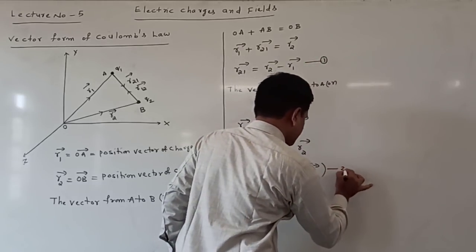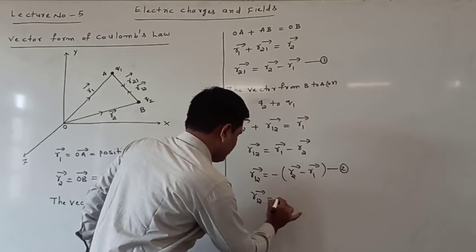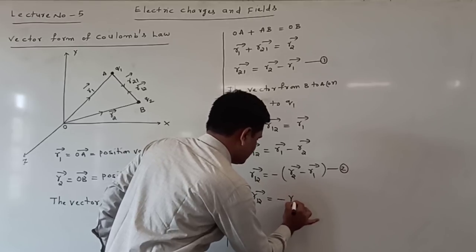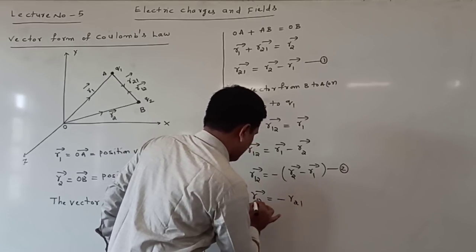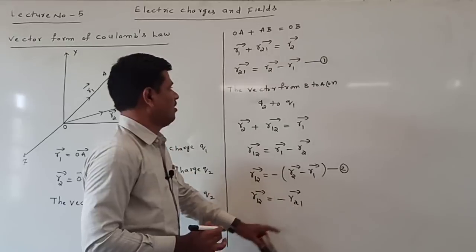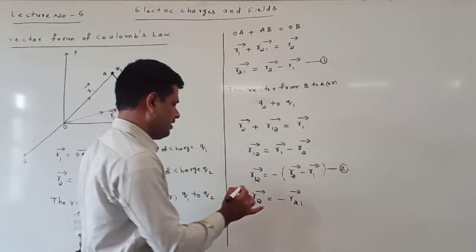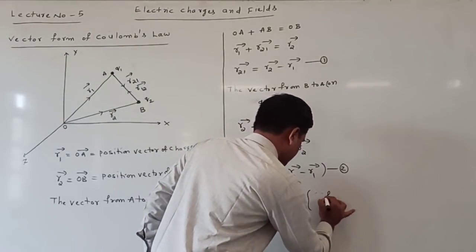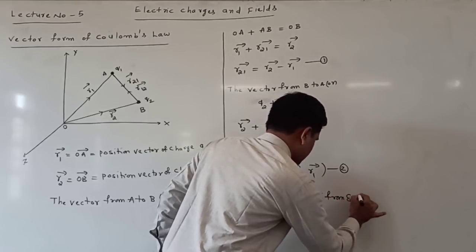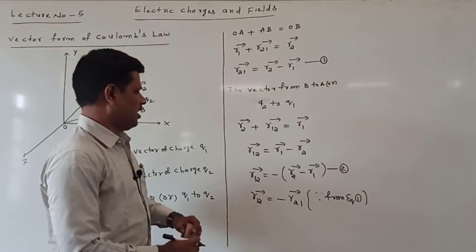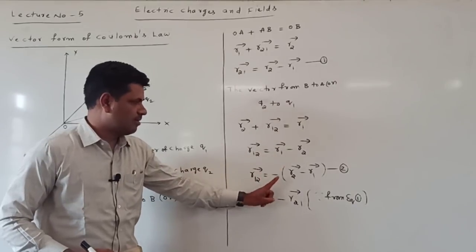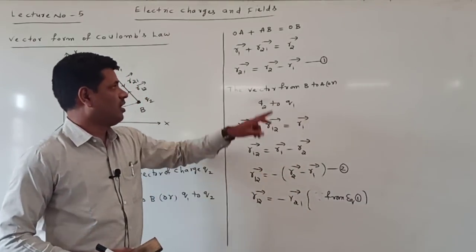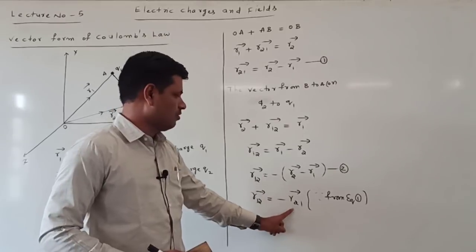This is given as equation number 2. So R21 bar is equal to R2 bar minus R1 bar, and R12 bar is equal to minus of R21 bar. I am writing this from equation 1. R12 bar is equal to minus of R2 bar minus R1 bar, and R2 bar minus R1 bar is equal to R21 bar.